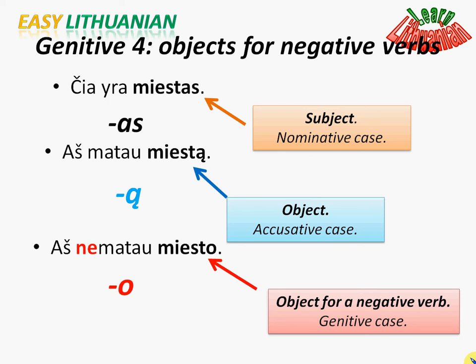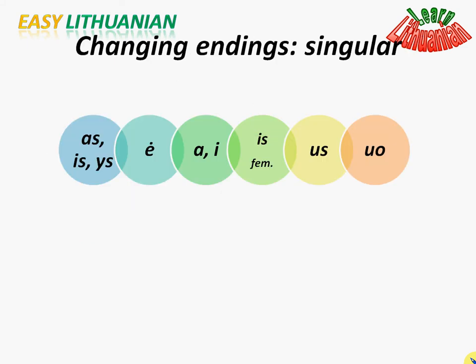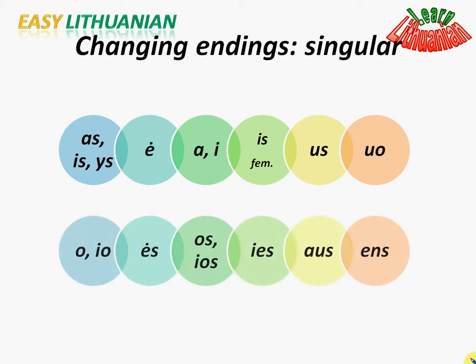Now, what are the changes of the endings? Here are all singular nominative noun endings, and they change to such endings. It may seem that it's very hard to learn such an amount of endings, but actually you have to learn these first three endings, and that's it. Learn these three endings.